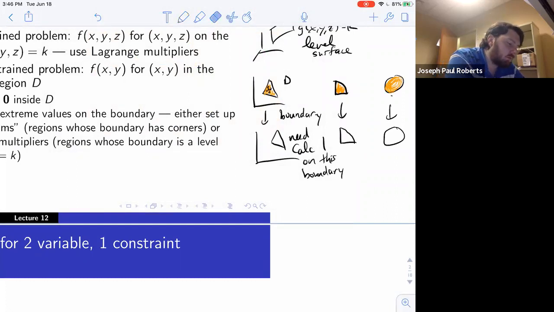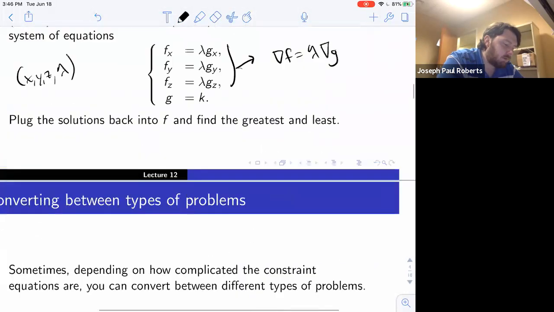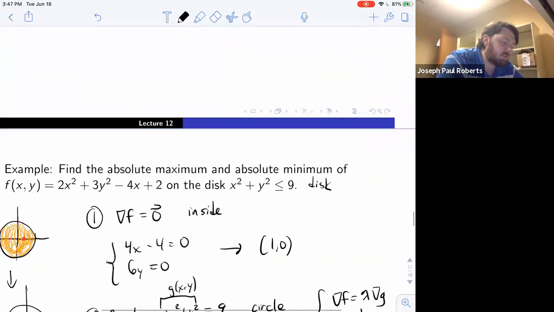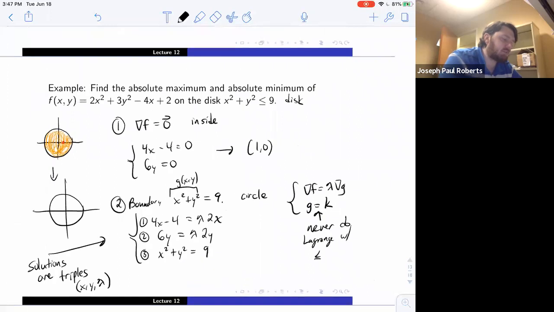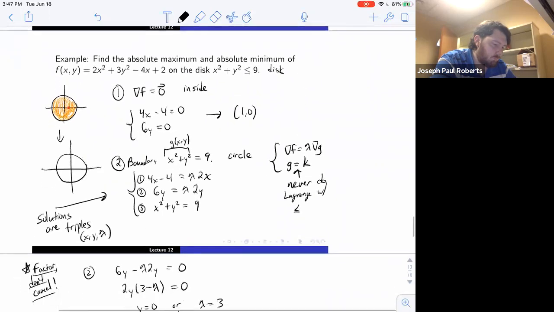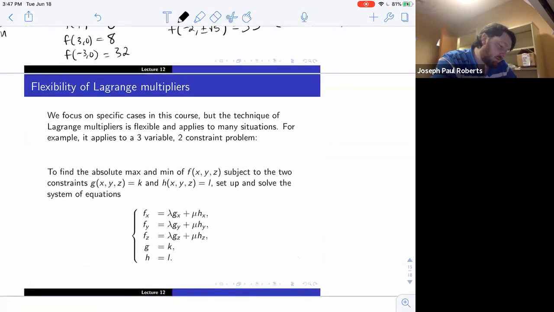And so I would use Lagrange multipliers if your domain is some sort of disk where the region, x squared plus y squared less than or equal to 9, has boundary the circle x squared plus y squared equals 9. That's going to be well suited for Lagrange multipliers.